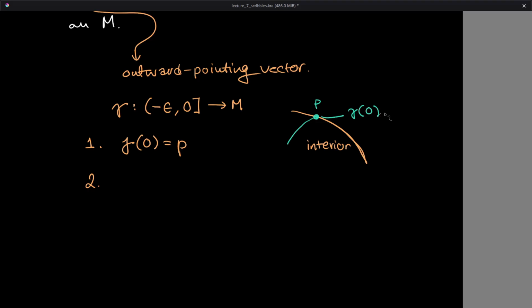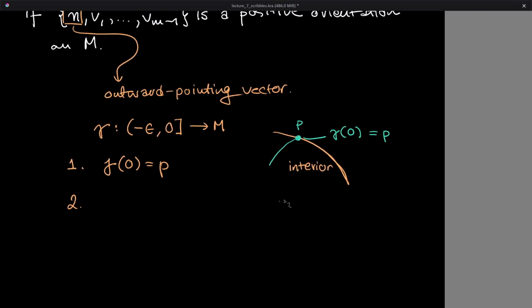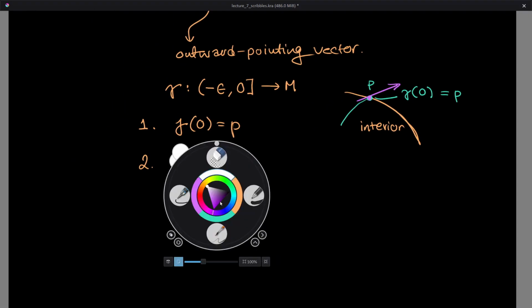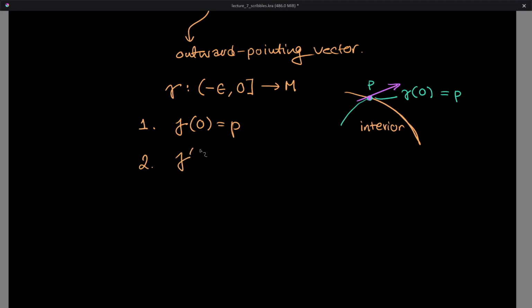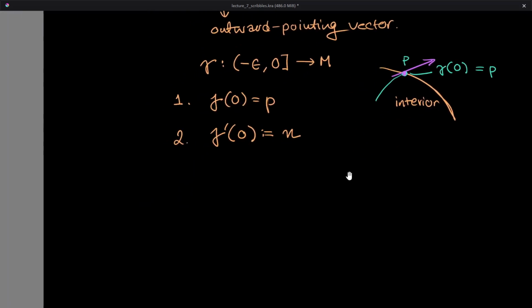Gamma of 0 is equal to p. We want to define the derivative at this point. Gamma prime of 0 is, by definition, this outward pointing vector n.